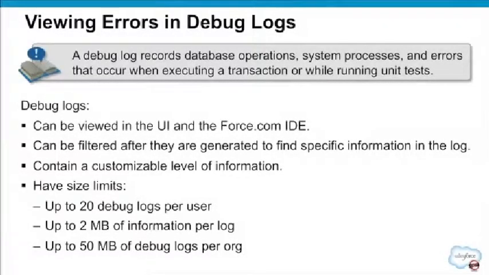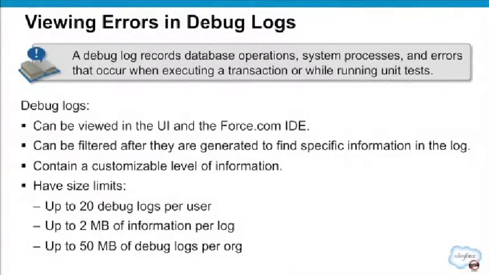Viewing errors in the debug logs. Salesforce has a number of facilities available for monitoring or logging your messages or system errors that occurred during runtime. The first one I'll talk about is the debug logs, which is essentially a persisted data store of your error messages.